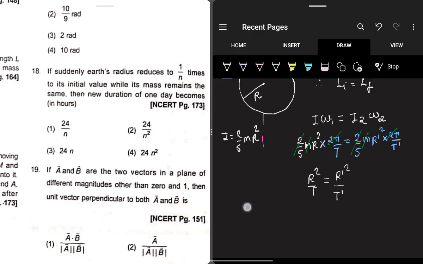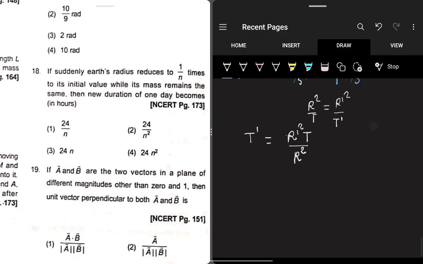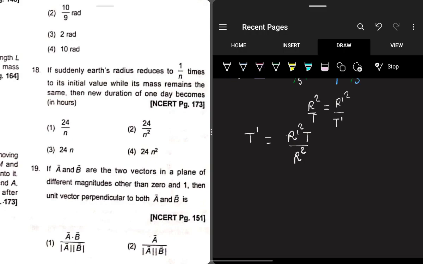So basically t dash would be r dash square multiplied by t divided by r square. They clearly told us that the new radius r dash becomes 1 by n times the initial one, right?